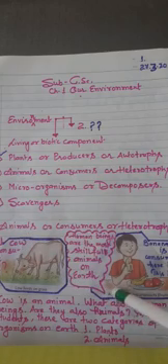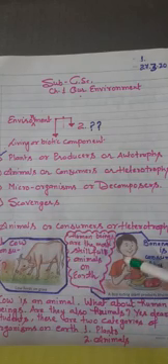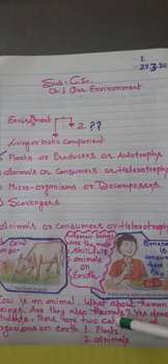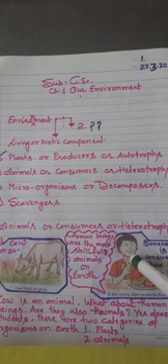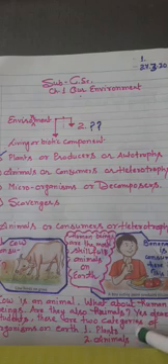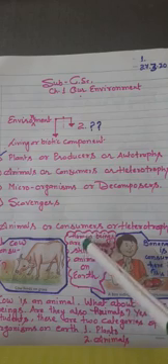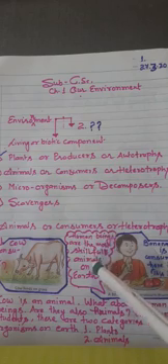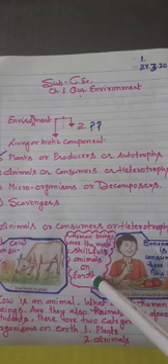So, let me clear this confusion first of all. On the earth, there are two types of organisms. One are plants, another are animals, and human beings come in the category of animals. But we can say human beings are the most skillful animals present on the earth.